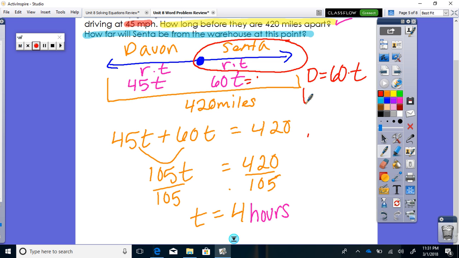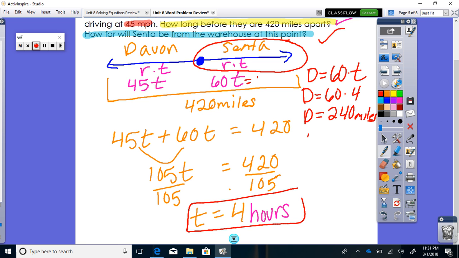Well, we found that t is 4, so it'd be 60 times 4 hours. So he's got a distance of 240 miles. So now we've checked off that second question as well. So be careful to make sure that you're answering both parts of the question.